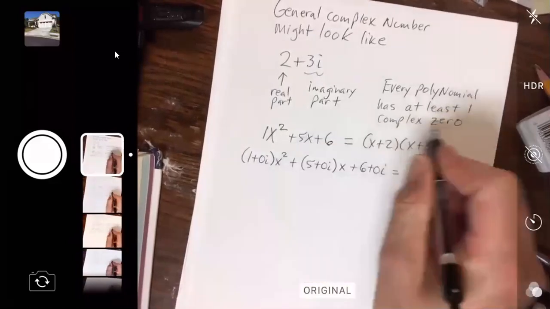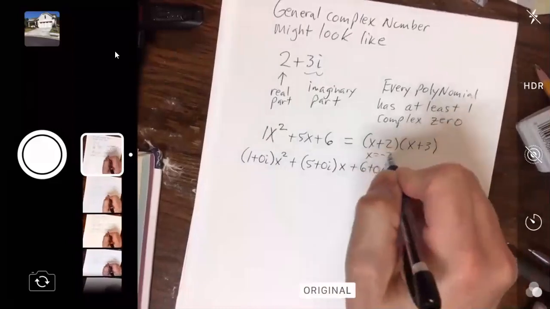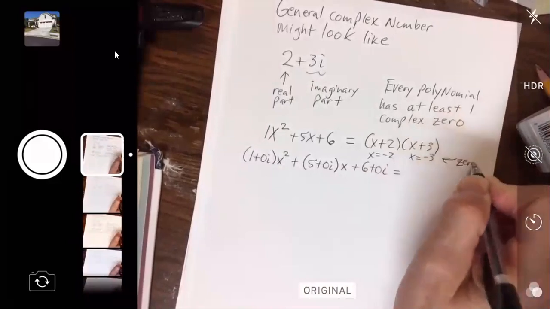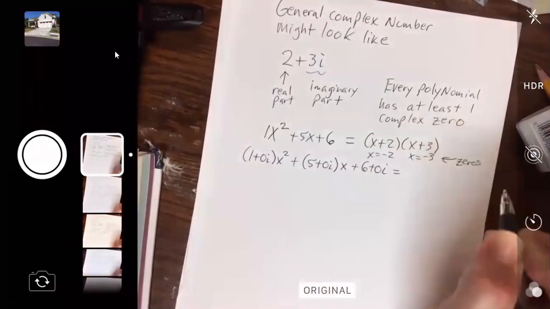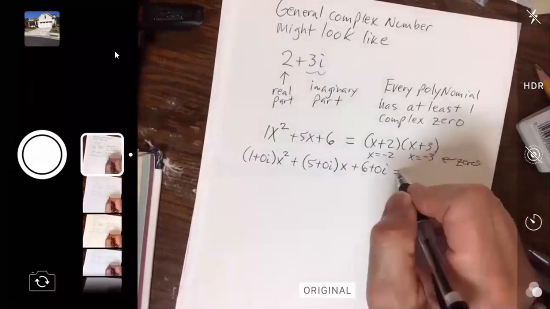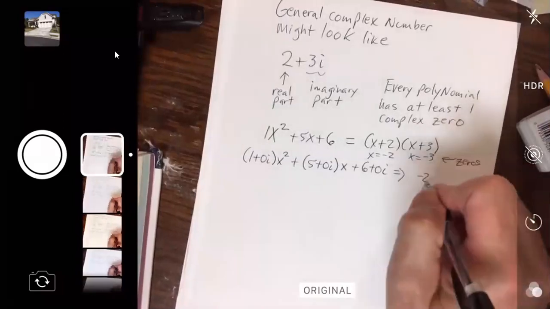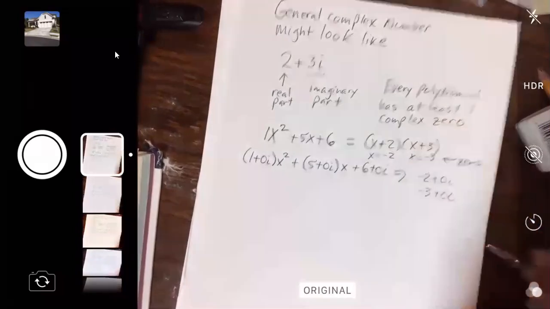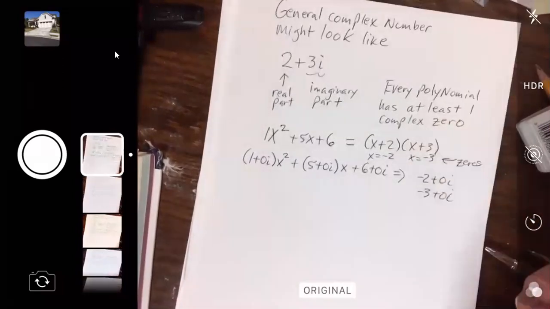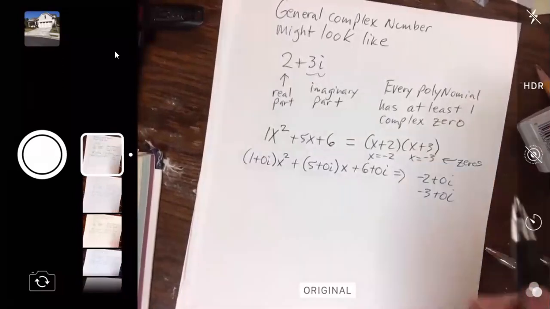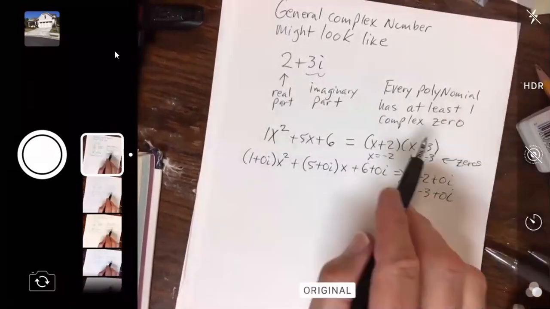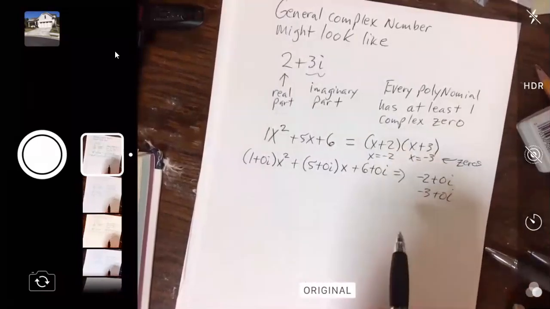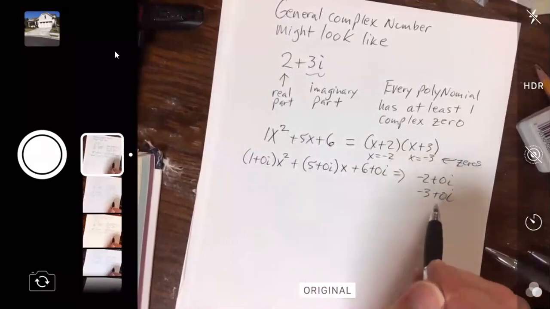Then the zeros come from this. Notice your x is -2 and x is -3. These are your zeros. How are they complex? You'd have to write -2 plus 0i and -3 plus 0i. Now you've got two complex zeros. So even though it looks like a straight real number, you can make it look complex by adding on this 0i.